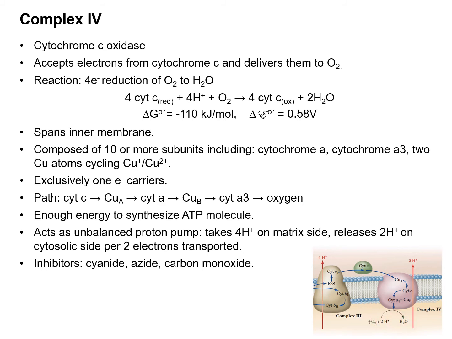It generates enough energy to synthesize ATP molecules. And like we talked about in the previous slide, this also acts as an unbalanced proton pump. So it takes 4 protons on the matrix side and releases 2 protons on the cytosolic side per 2 electrons transported from complex 1. Inhibitors that work specifically on complex 4 are cyanide, azide, and the infamous carbon monoxide.